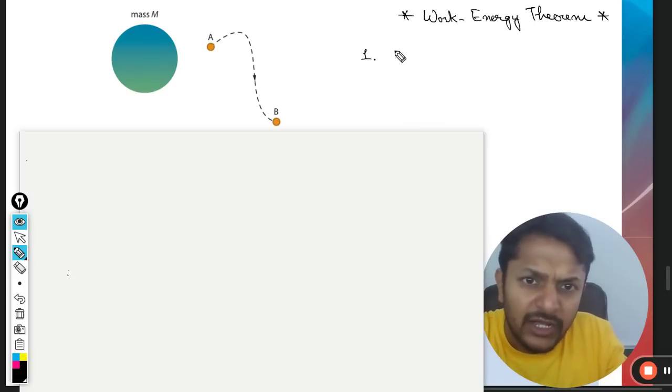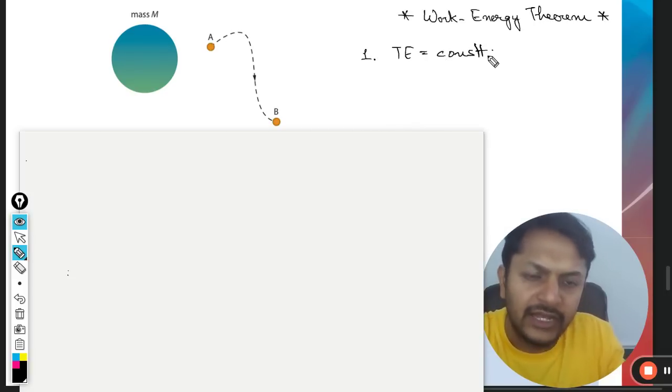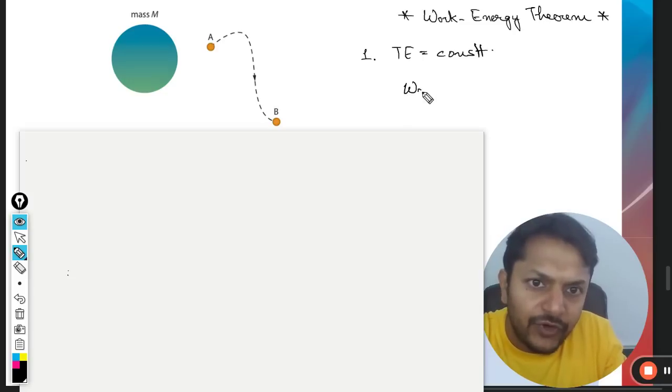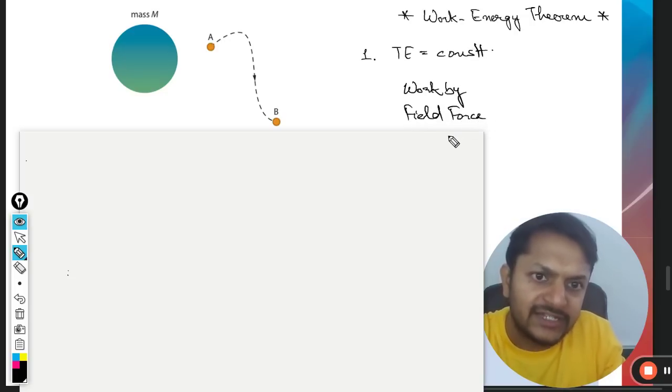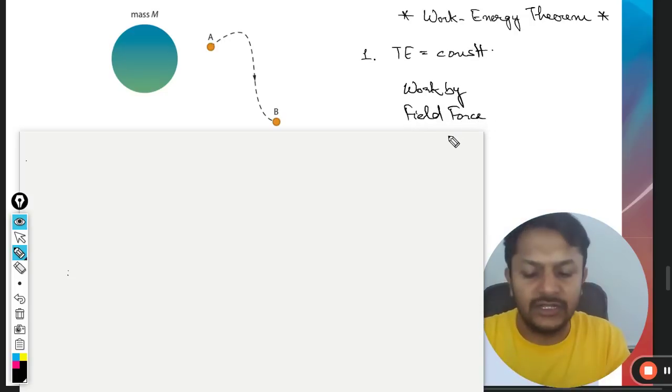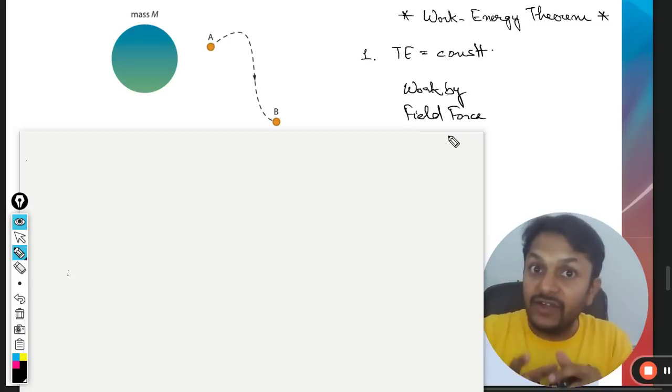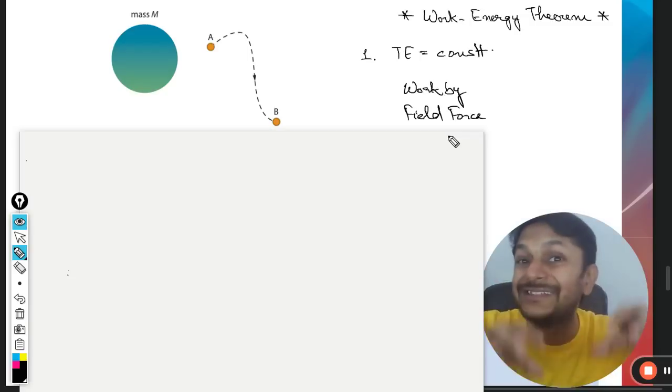Point number one, when total energy was constant, I told you at that time about the work done by the field force. I'm not talking about external forces. There is no rocket, there is no engine here. There is gravity, which is the force created by the system itself.